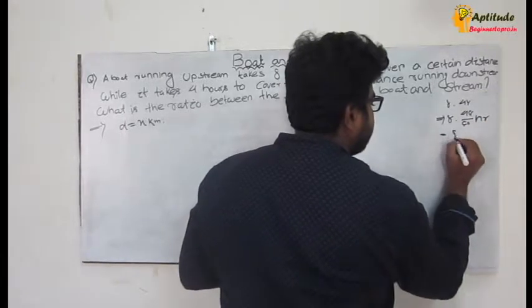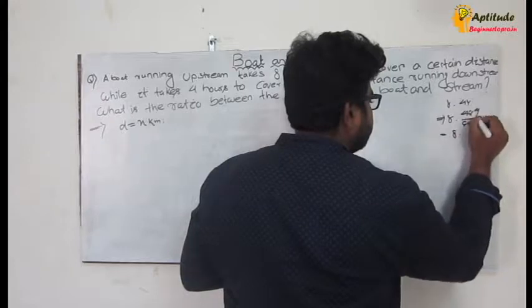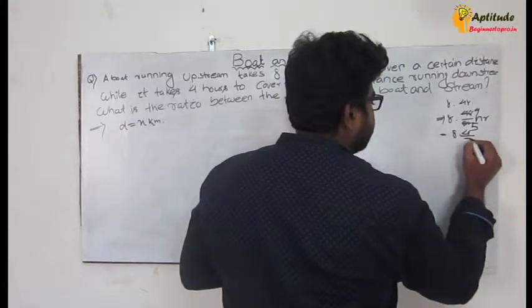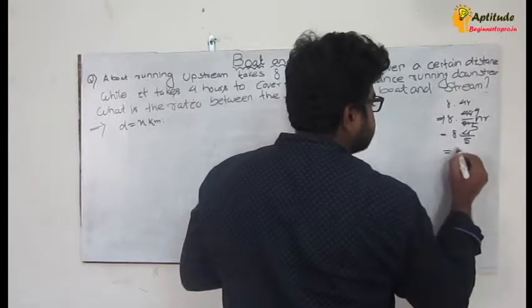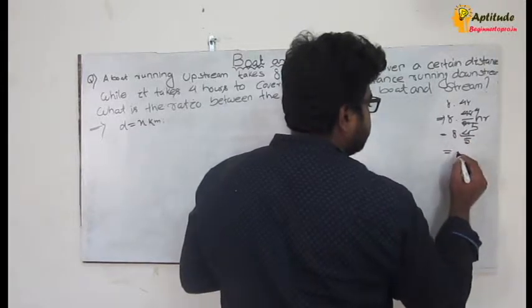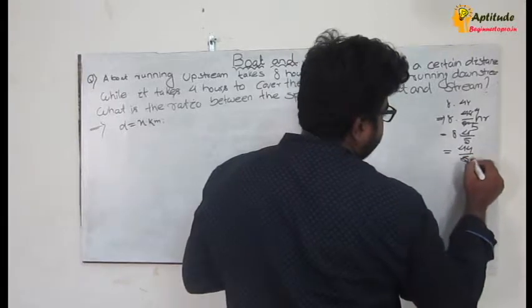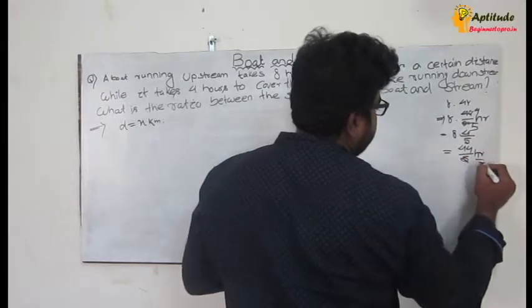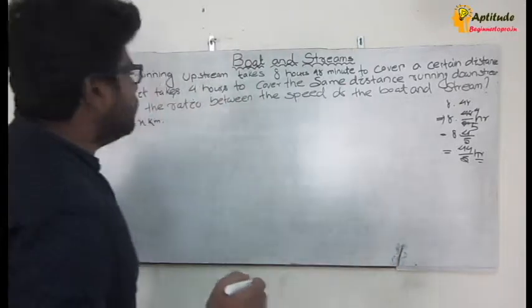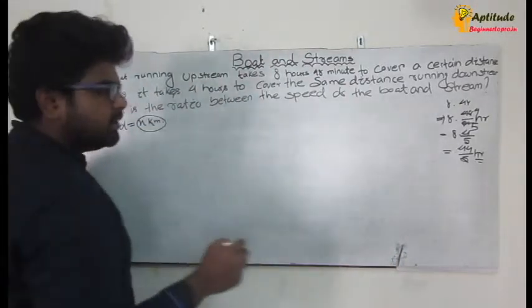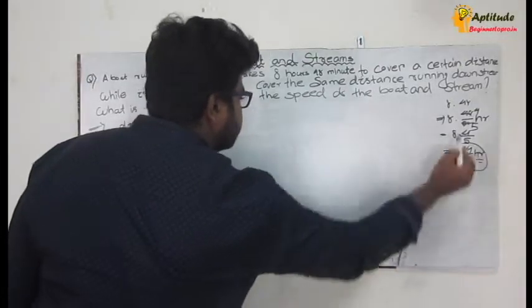That is equal to 8 and 4 by 5. That can be written as (8 times 5 is 40, plus 4) 44 by 5 hours. So we have taken the distance as x and we have the time.